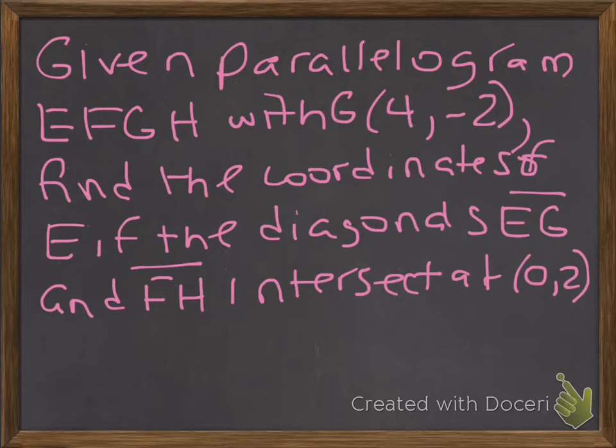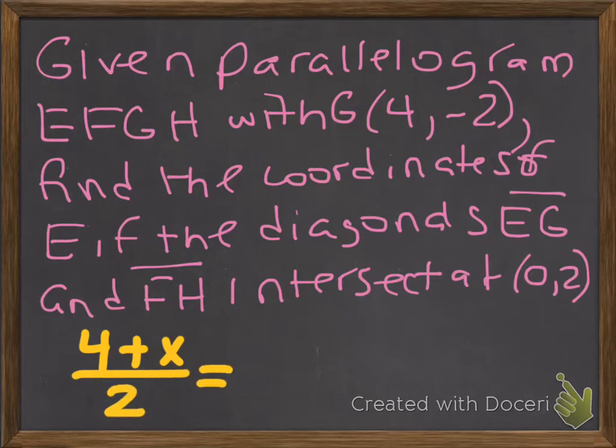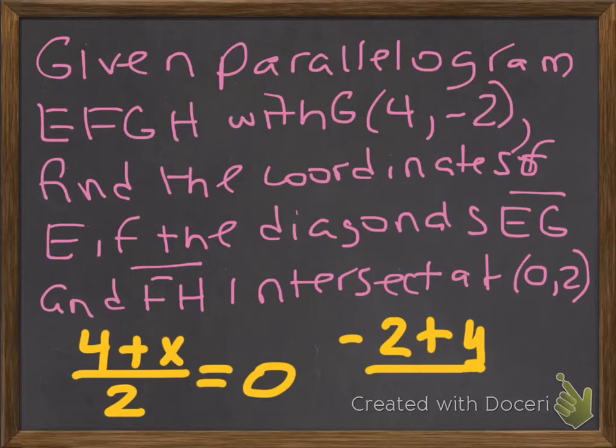In this case we have 4 plus something we don't know, divided by 2. That's supposed to equal 0, which is the midpoint, and then negative 2 plus y, which we don't know, over 2 equals 2. We're going to solve for x and y now. So we multiply by 2. That gives us still 0. So x would have to be negative 4.